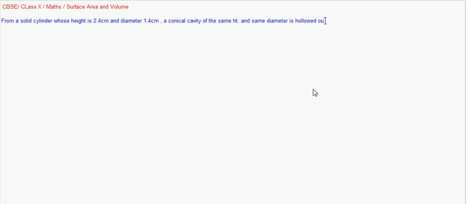That means a shape of a cone has been taken out. Something has been taken out and that space is left hollowed.